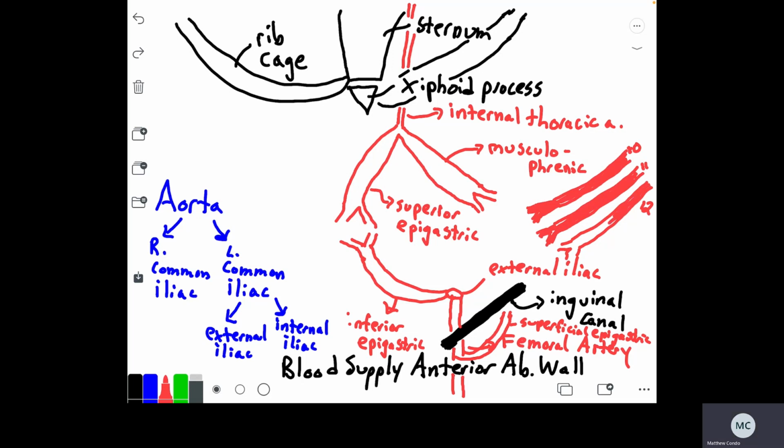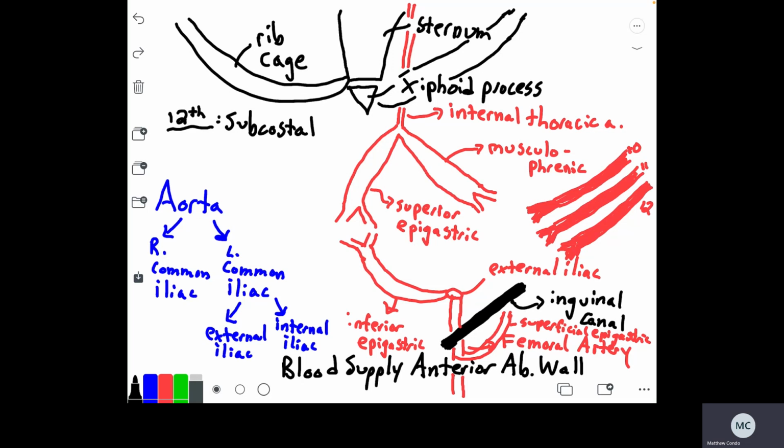And in fact, the 12th, quote, intercostal artery is not really called an intercostal artery. I'll write this out here on the side. The 12th, and we're going to learn this both at the artery and the nerve, is going to be called subcostal.